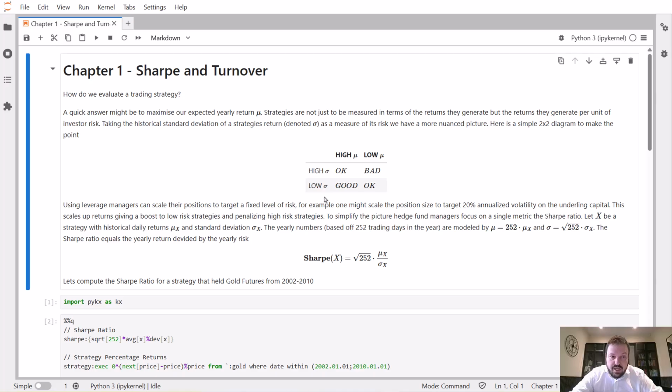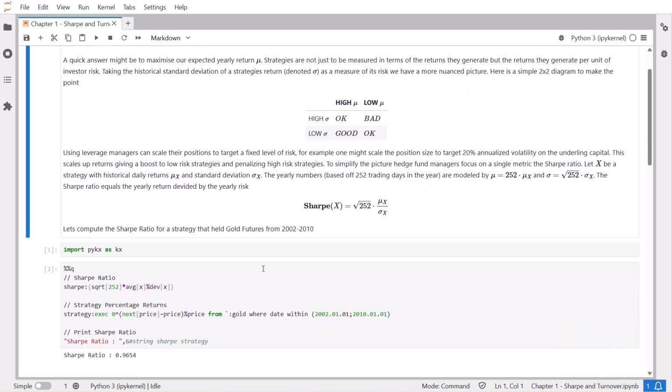So let's now look at the Sharpe ratio for a strategy that holds gold futures from 2002 to 2010. This is just a single trade to buy gold futures and then hold on to them for 8 years and then sell them back. So it's a pretty simple strategy, but the Sharpe ratio, as we know, is computed by the square root of 252 times the average daily return divided by the standard deviation of the daily return.